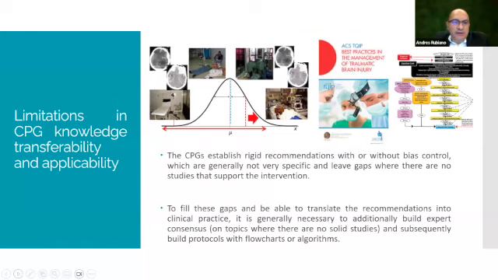But we know that there are some limitations, especially because of the rigid recommendations that generally do not have all the content to fill specific gaps in the medical practice. So in order to fill these gaps, generally there needs to be some sort of clinical practice recommendation built over expert consensus. And sometimes it requires protocol flowcharts or algorithms that can be applicable for regular practice.